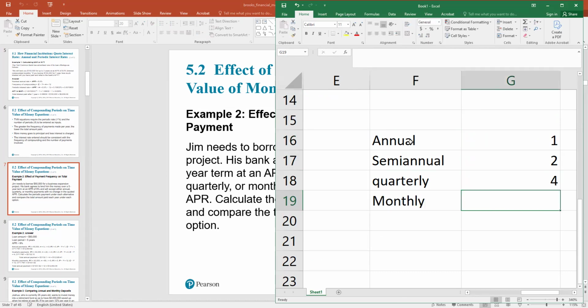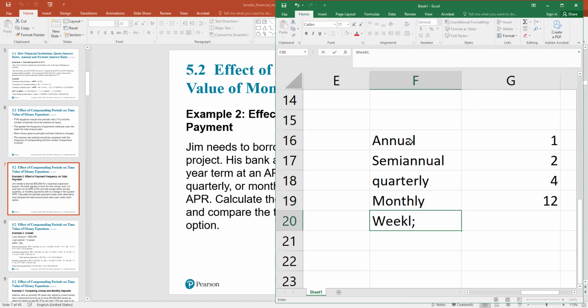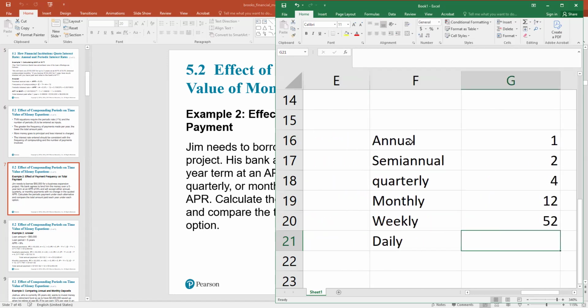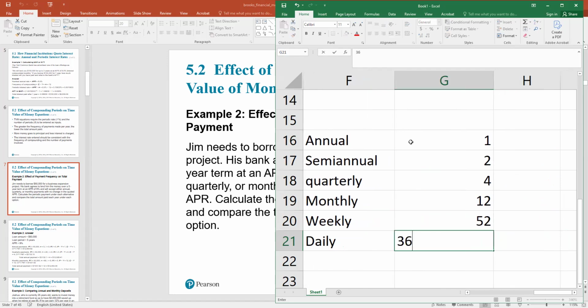Monthly, 12 times. Weekly, 52 times in a year. And daily is 360 or 365, one of those.